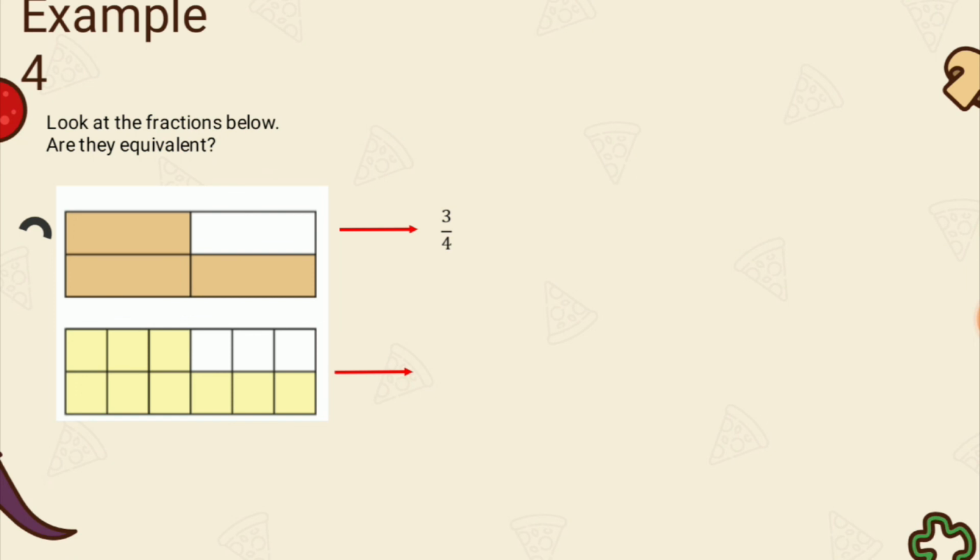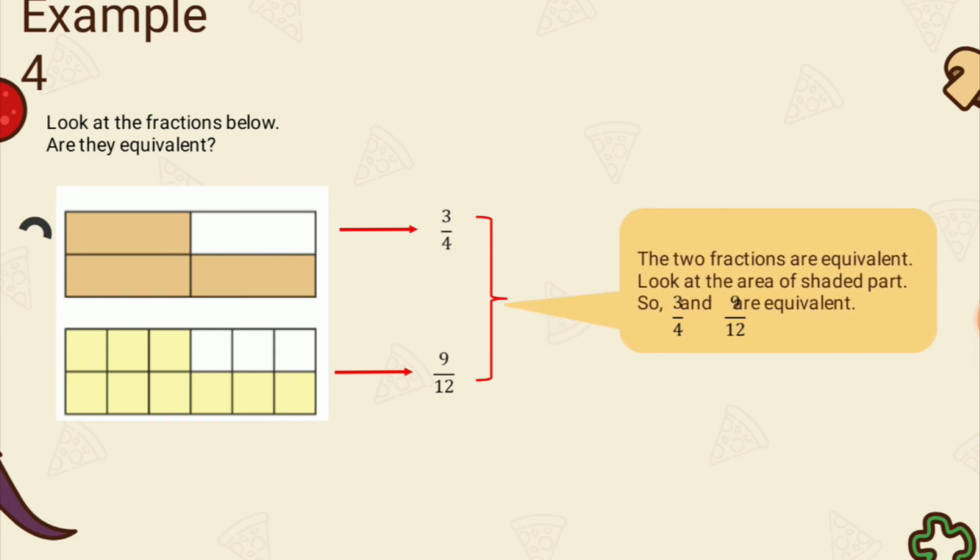The second, 9/12. 3/4 is the fraction of the shaded parts, and 9/12 is also the fraction of the shaded parts. The two fractions are equivalent. Look at the area of the shaded part. So 3/4 and 9/12 are equivalent.